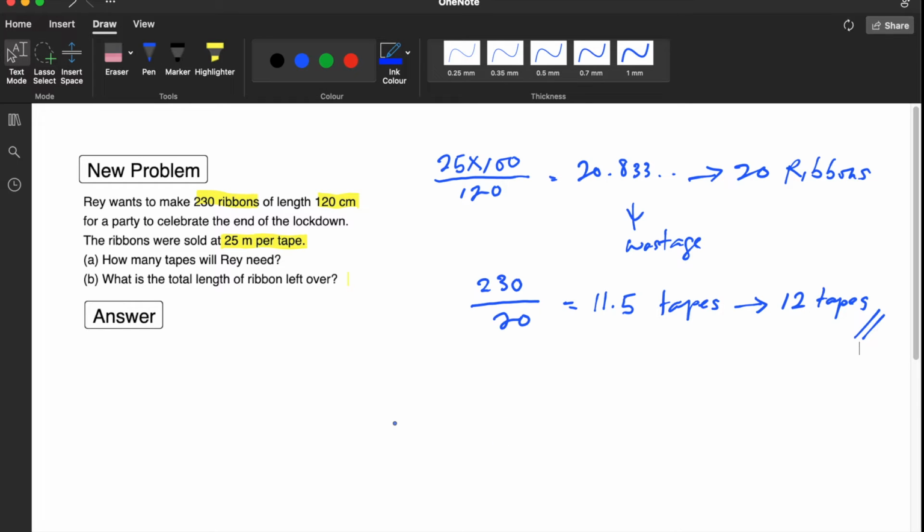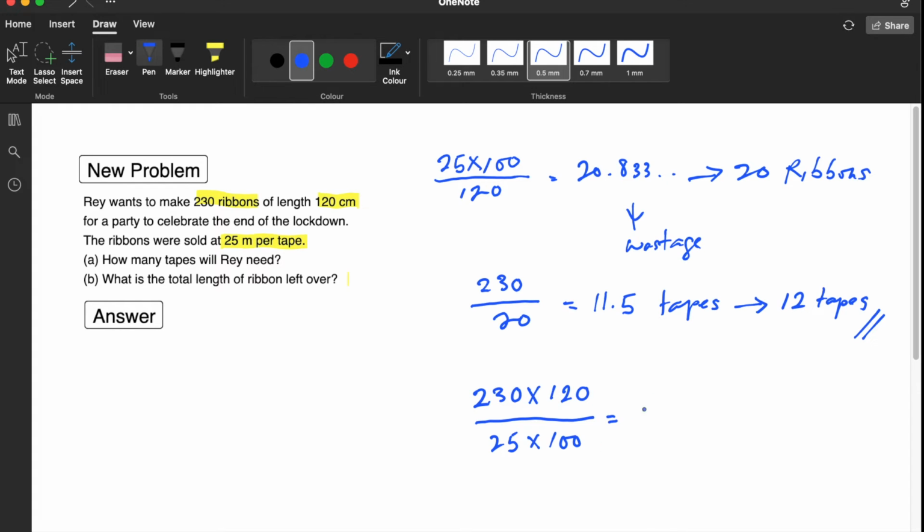Now let's find the answer to this question using the wrong method. The wrong method is going to take the 230 ribbons that we want and multiply that by 120, the length of each ribbon, and then divide that by 25 meters, the length for each tape, and then multiply that by 100 to convert it into centimeters.